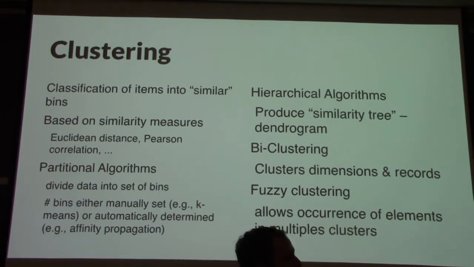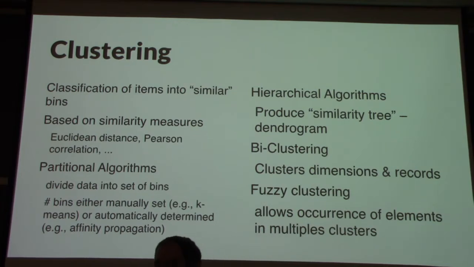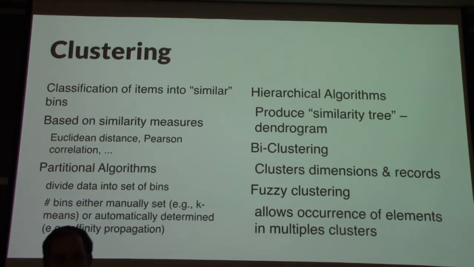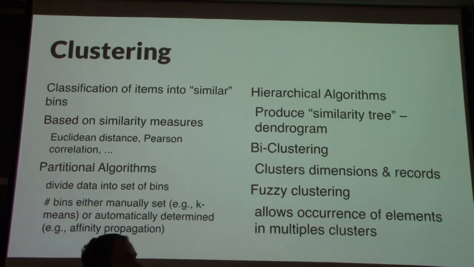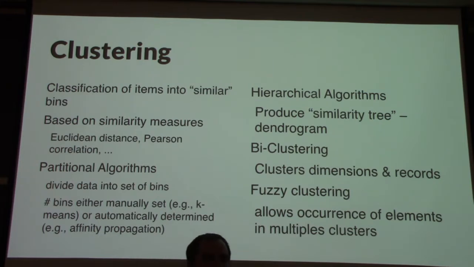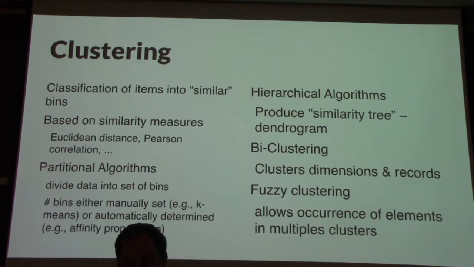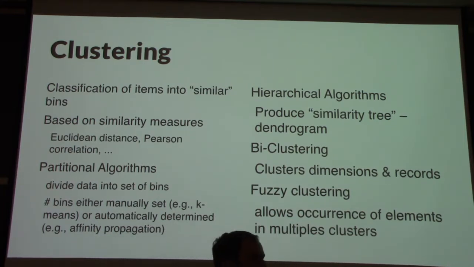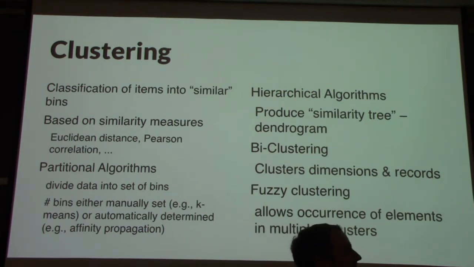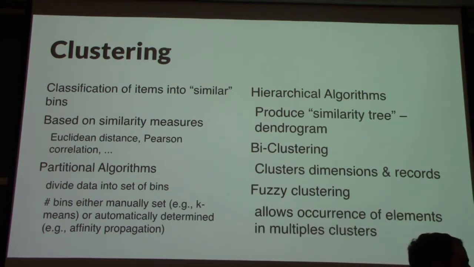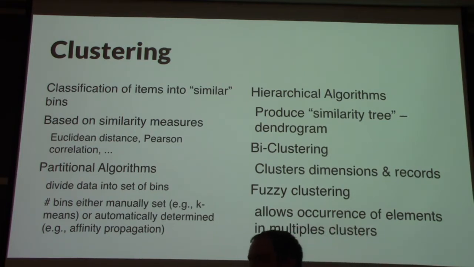And then I like to distinguish between four types of clustering algorithms that are relevant for visualization. These are partitional algorithms. Partitional algorithms take a set of items and divide it into a set of bins, uniquely. The number of bins is either manually set, for example, as in K-means, or it can be automatically determined, as in affinity propagation.